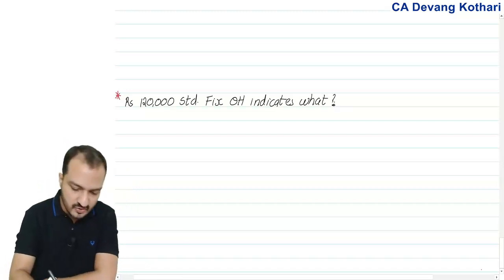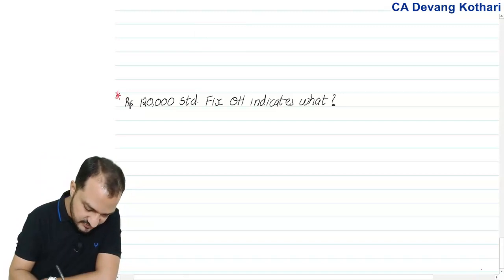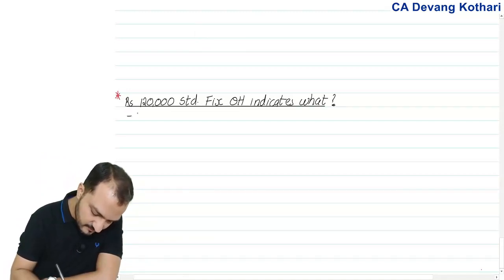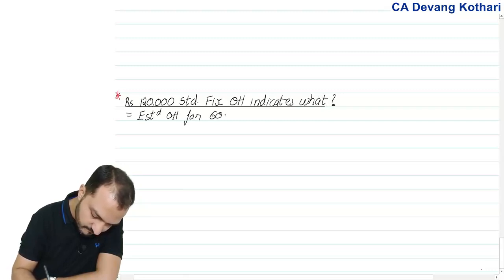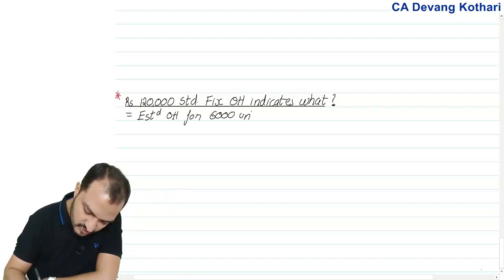This 1,20,000 standard fixed overheads that I have written indicates what? Does it indicate the estimated overheads for 6,000 units production?